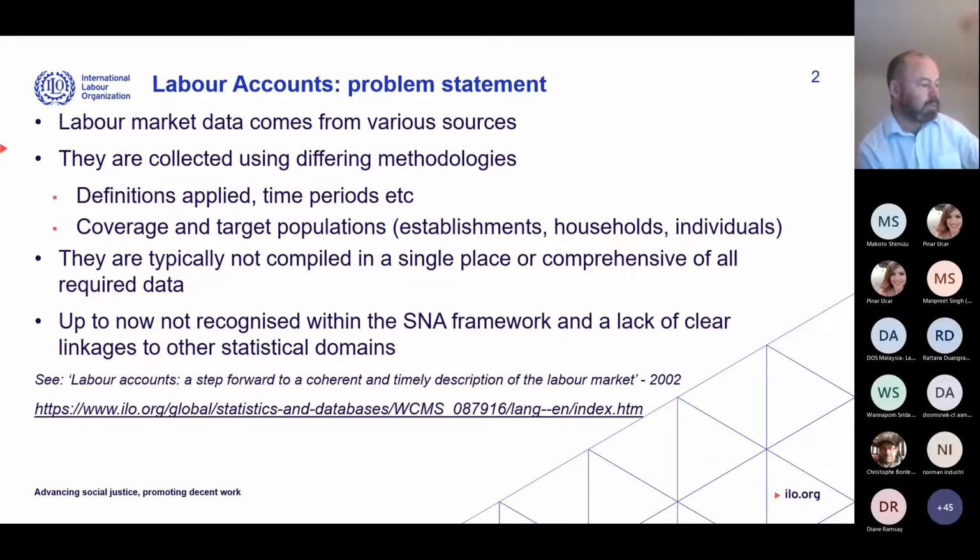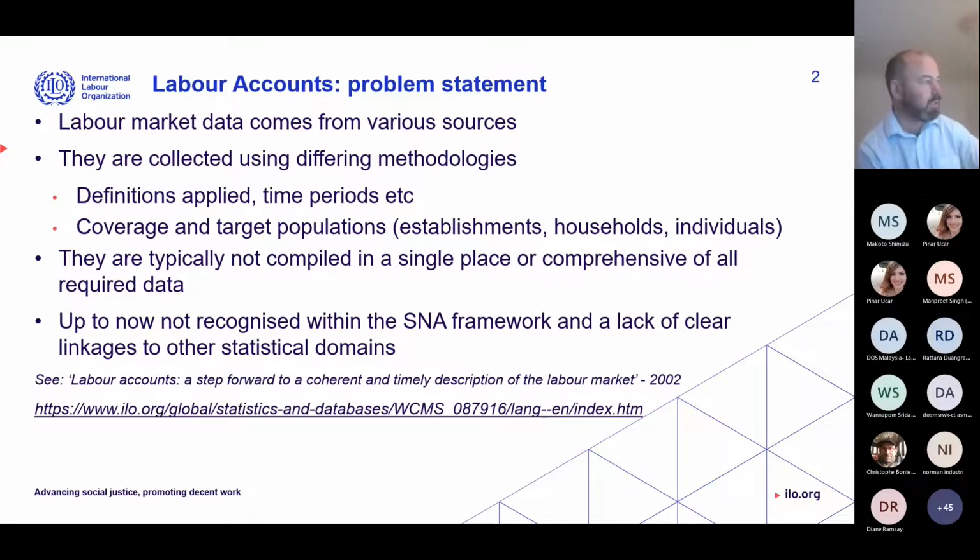Another problem is that up to now, the need for labor accounts has not been recognized within the SNA framework, creating various problems. One of them is that there's a lack of clear linkage to other statistical domains. So these can be the SNA itself, or it could be education accounts, or it could be information on capital, whatever the case might be.